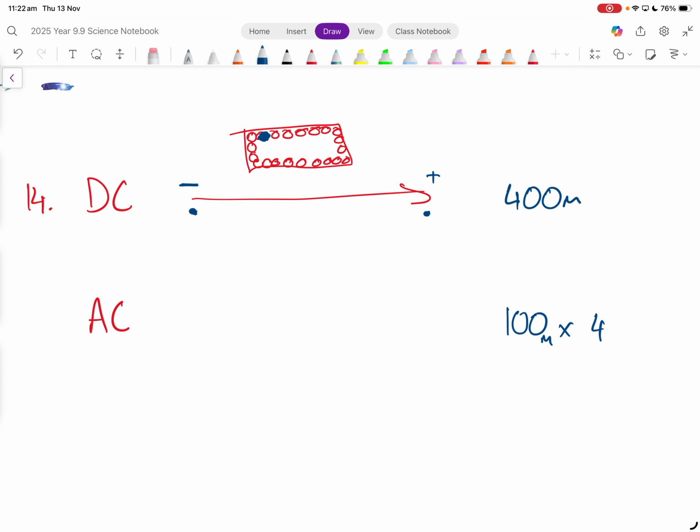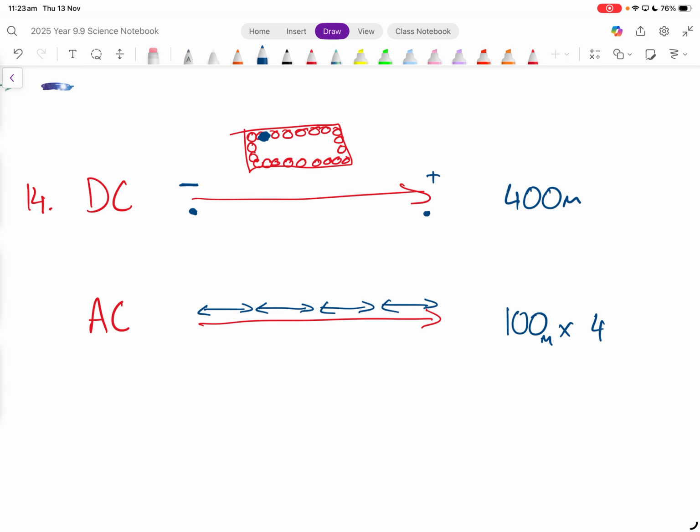So the same distance is what I'm really trying to sell here. It's the same distance, but this time, instead of one electron doing the work, we still have our forward progression, but my first electron moves back and forth like this. My second electron moves back and forth like this. My third electron moves back and forth like this, and my fourth electron moves back and forth like this.